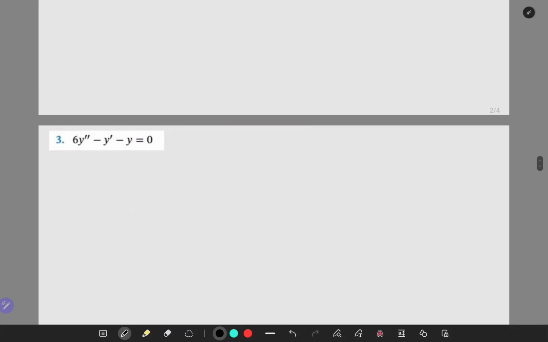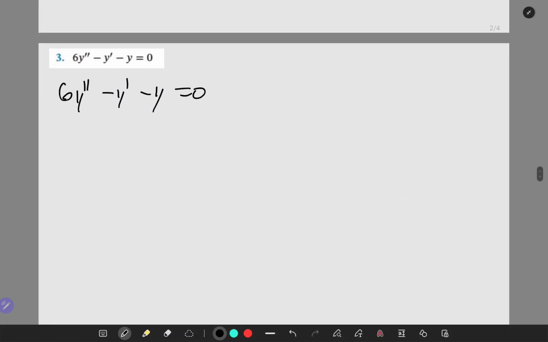This one's very similar to the first one. Same exact process. 6y double prime minus y prime minus y is equal to 0. So step 1, propose y is equal to e to the RT. Y prime is equal to r e to the RT.